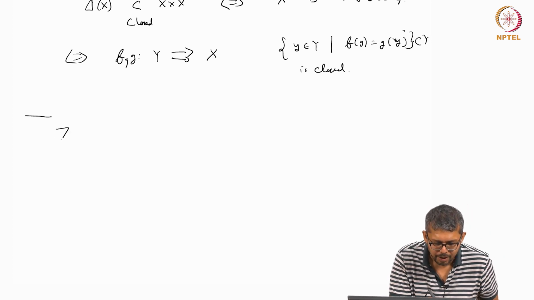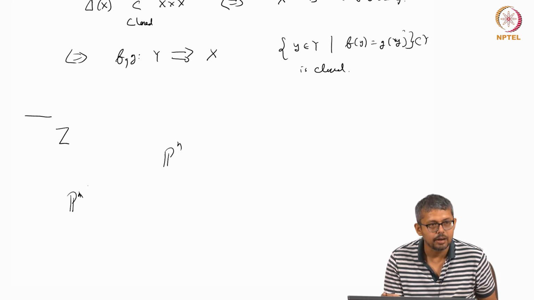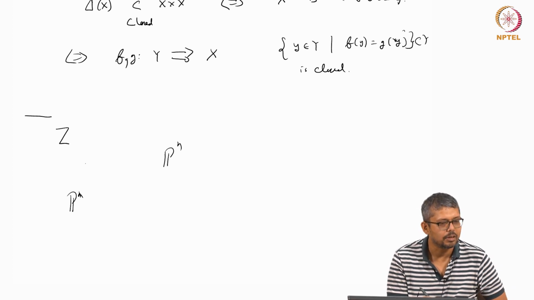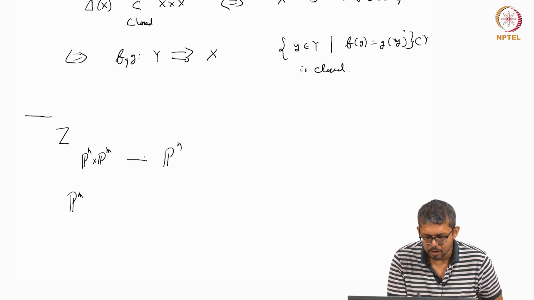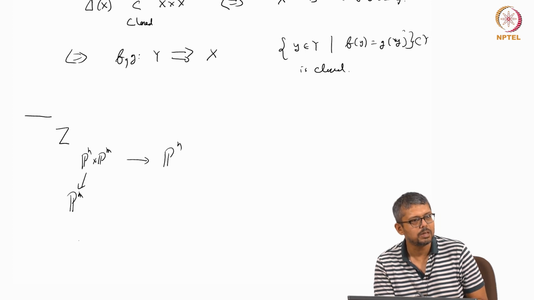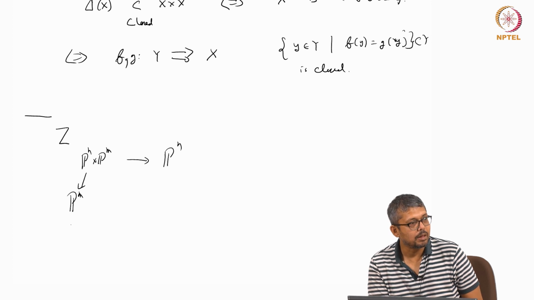When you define this map, you have Pn and Pm, and you consider Pn cross Pm, which is a Segre variety. So you have the maps Pn cross Pm to Pn and Pn cross Pm to Pm.